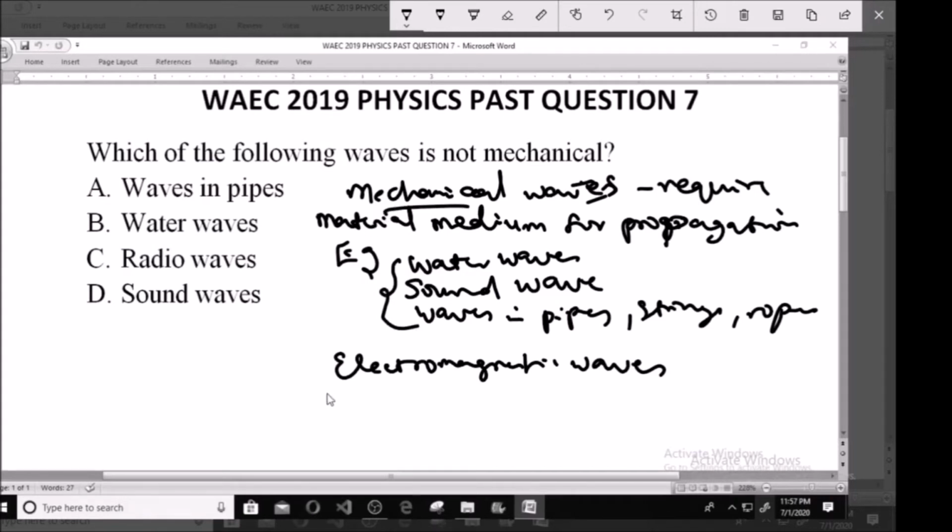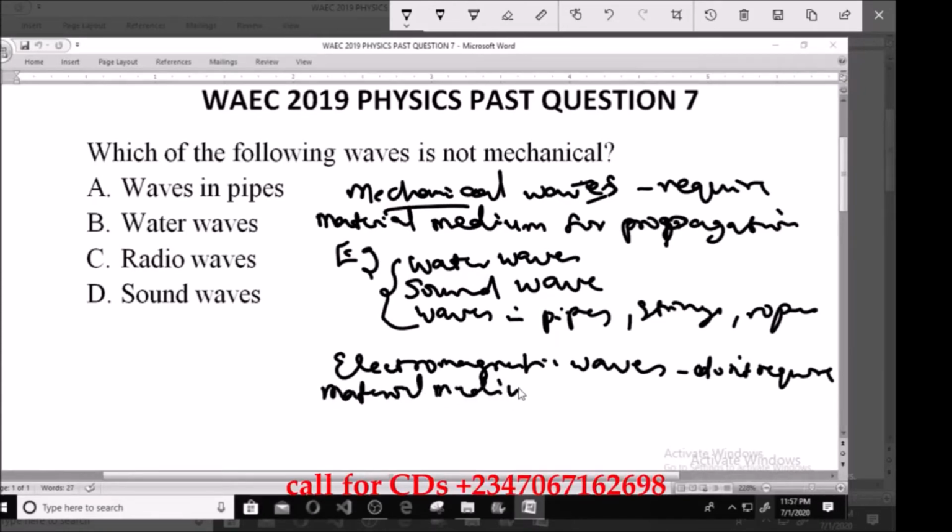Then now let's look at electromagnetic waves. Here they do not require any material medium for them to be transmitted. They don't need it. So in other words, they can travel through vacuum.